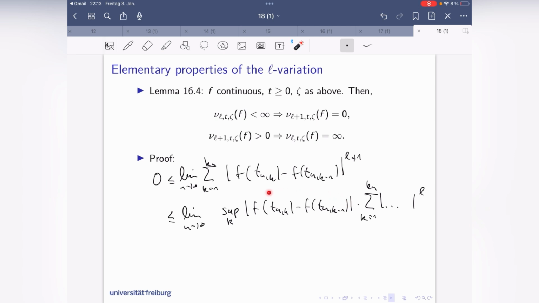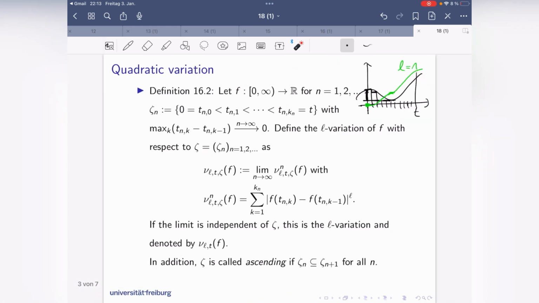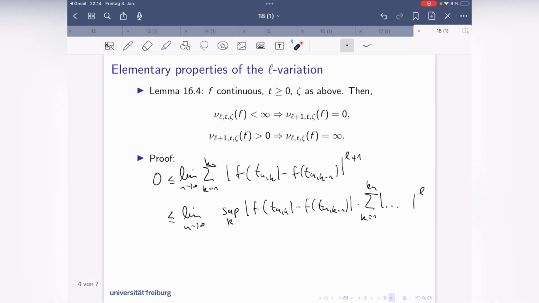And this thing here, since the supremum of t n k minus t n k minus 1 goes to 0 by this assumption here, and f is continuous, then also since f is uniformly continuous on the compact interval from 0 to t, this supremum here also goes to 0, so we have something that goes to 0 times something finite, so the limit must be 0.